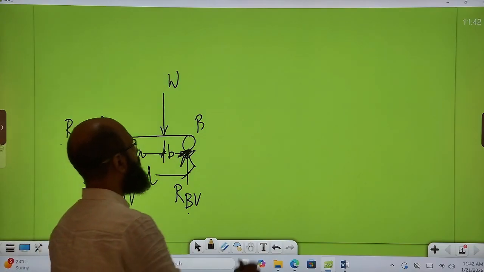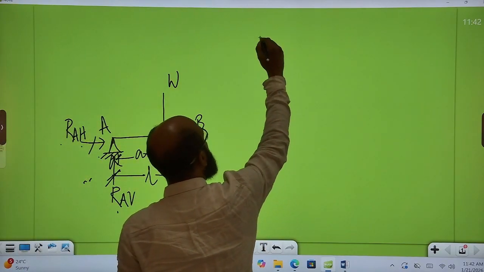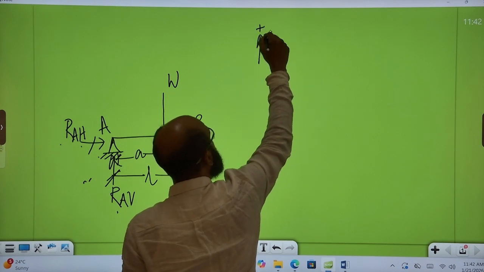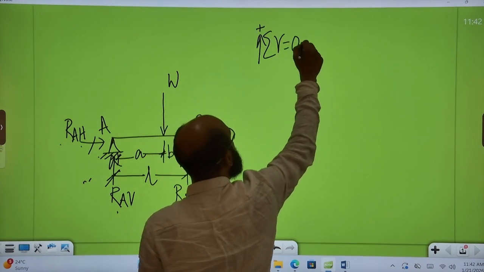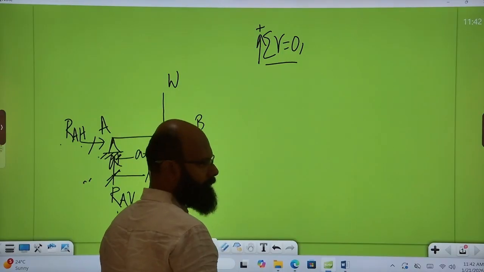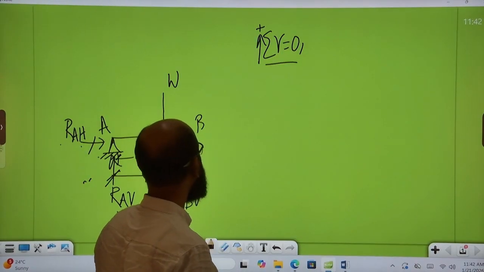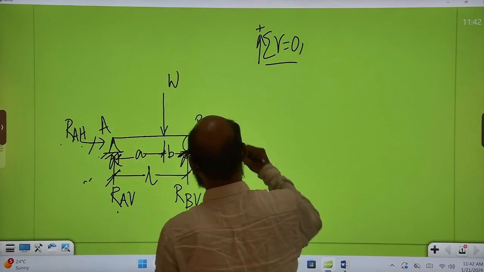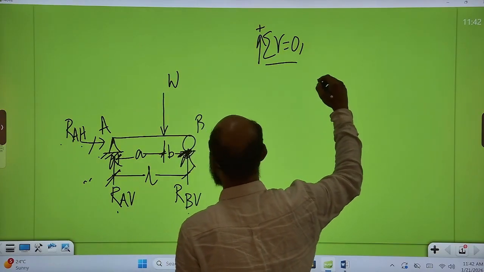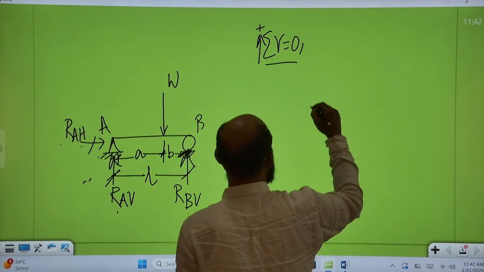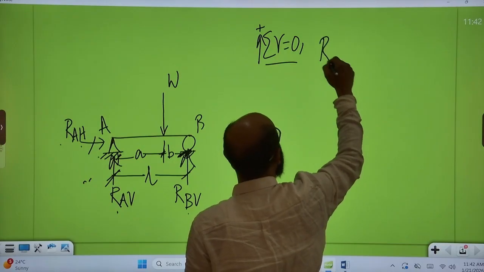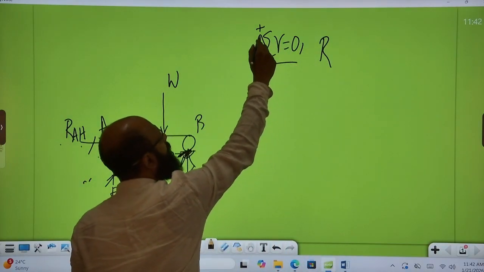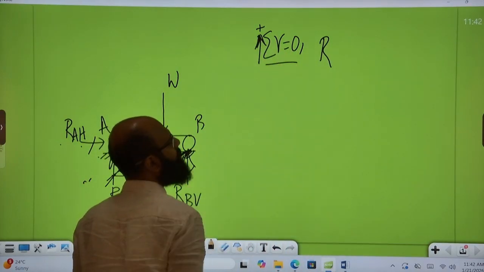Applying equations of equilibrium, first equation, summation of all vertical forces equal to 0. What are the vertical forces? W is acting downward, and RAV and RBV are acting upward. As I have shown, upward direction forces are positive.